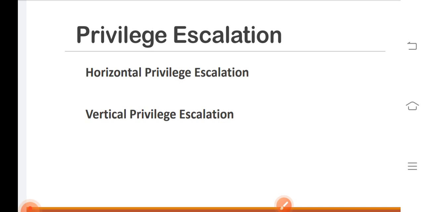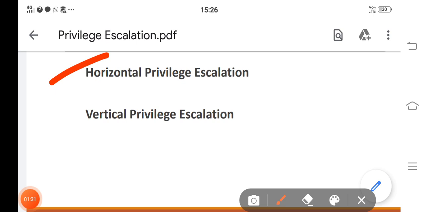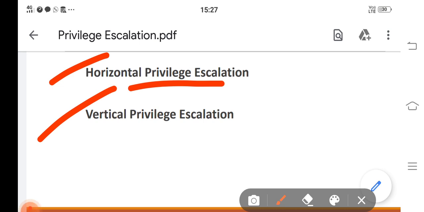Basically, privilege escalation takes place in two forms: horizontal privilege escalation and vertical privilege escalation. First is horizontal privilege escalation.